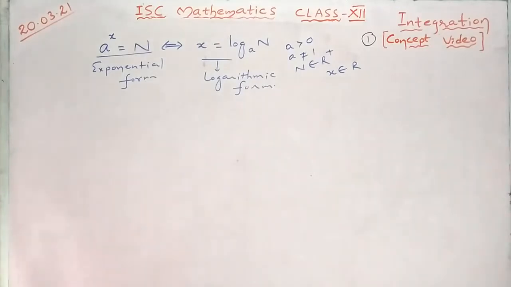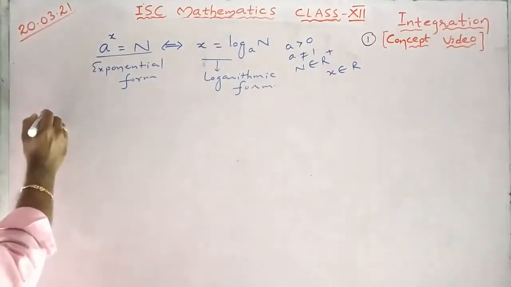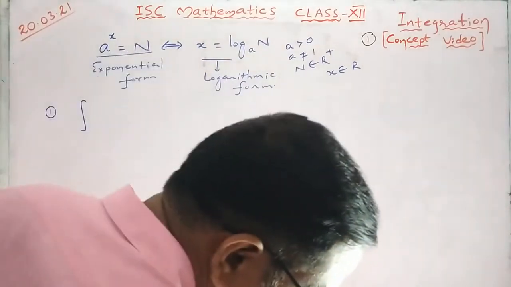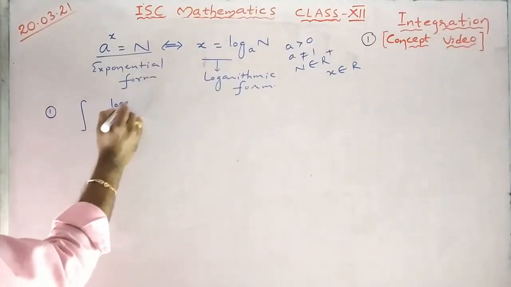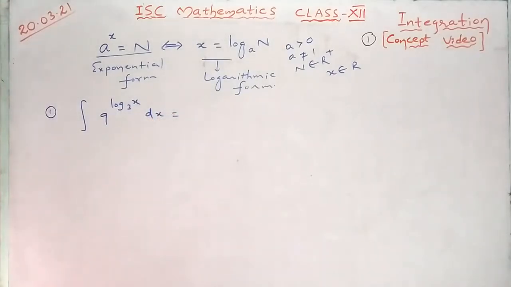Okay. Now in integration, how do we use this? Once you look at this problem, integral 9 power log x to the base 3 dx. If a power x equal to n, then x is said to be logarithm of n to the base a.